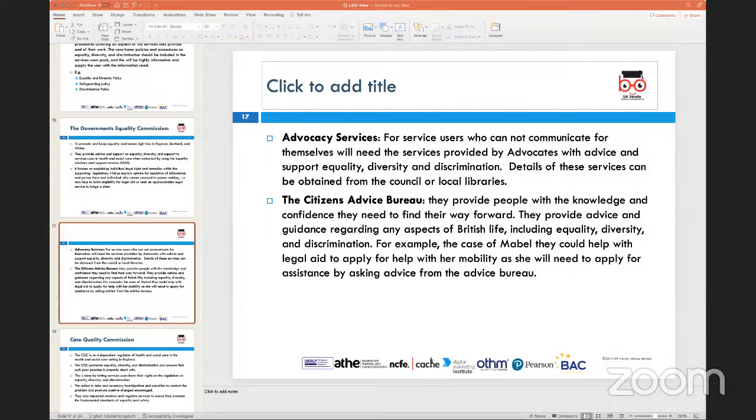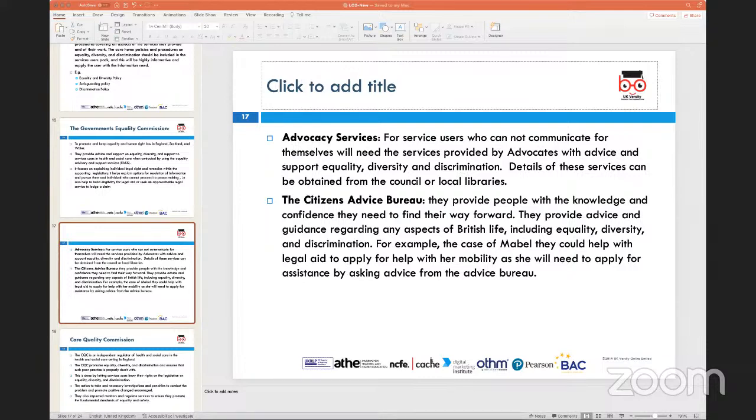And that is where the concept of equality, diversity, and discrimination creeps in. So here, this would mean that the government has a department through which it provides these advocacy services, and they could be used by different government departments, institutions, providers, to be able to get support on developing and implementing equality, diversity, and discrimination guidelines within their own organizations.